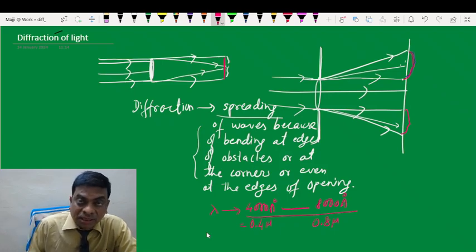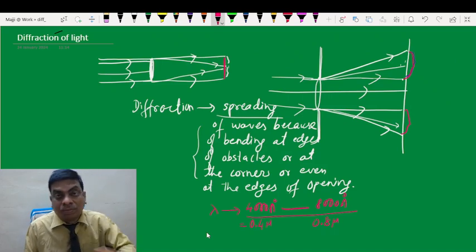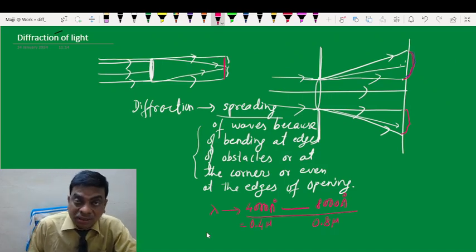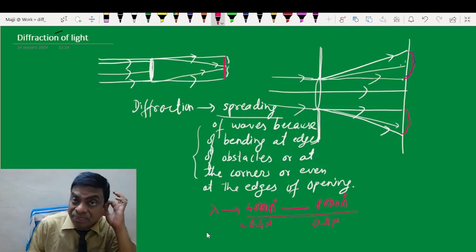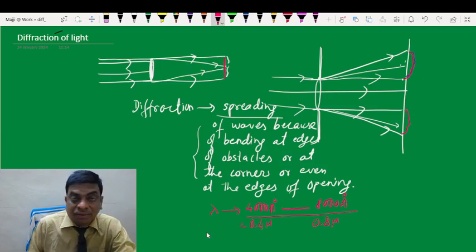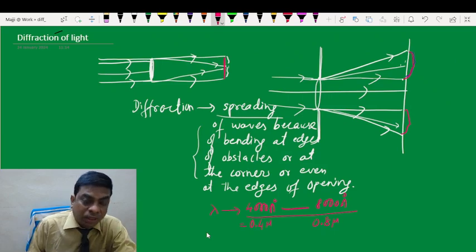So needless to say that the dimensions of obstacles and the dimensions of different apertures and holes, etc., which we find in our day-to-day life, are not at all comparable to microns. So that is the reason why we are not able to observe diffraction in case of visible light.